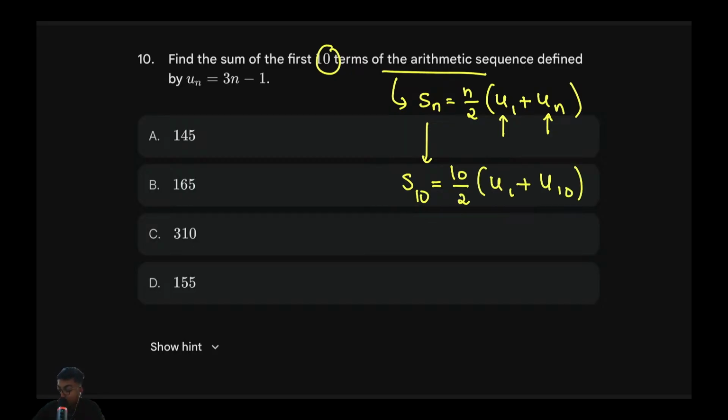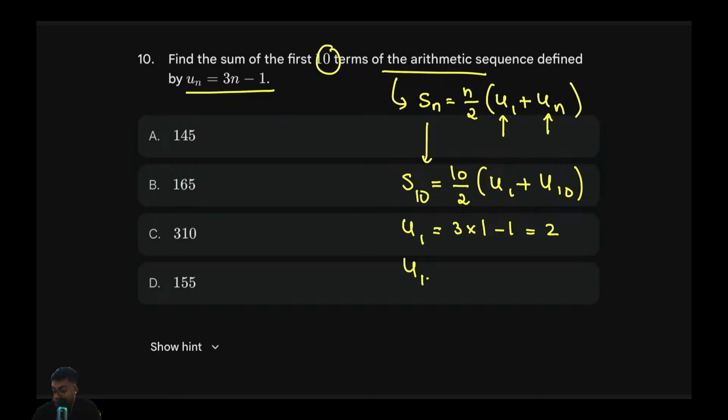So u1 equal what? We got un equal to 3n minus 1. So un is the general term, which means we can use it to find the value of any term. For example, to find the first term, I can just plug n equal 1 into un. So I'm going to get u1 equal to 3 times 1 minus 1, so it's going to be 2.